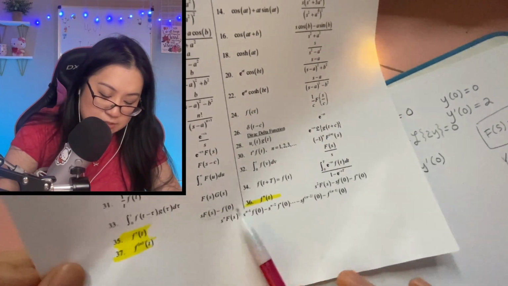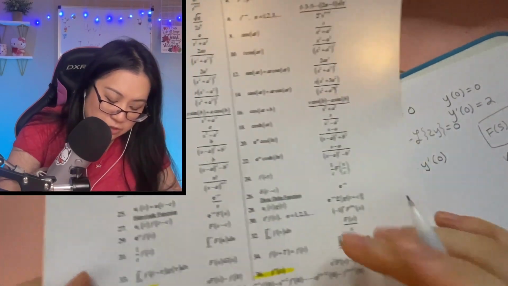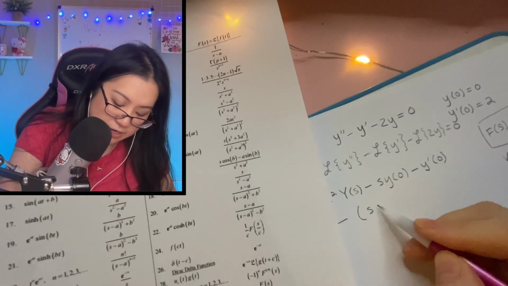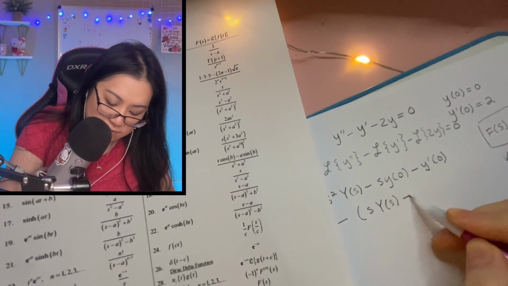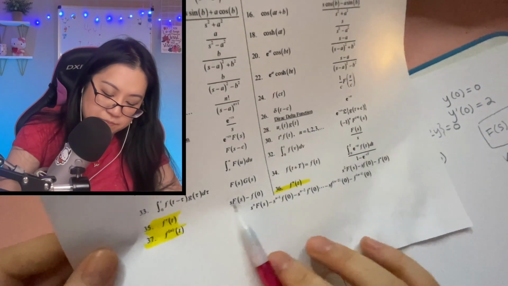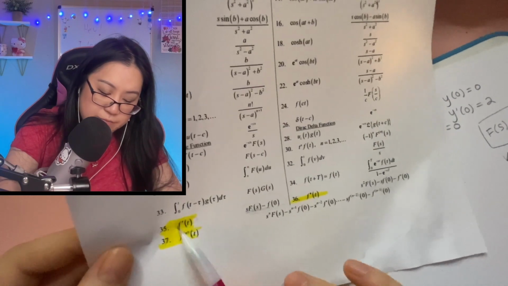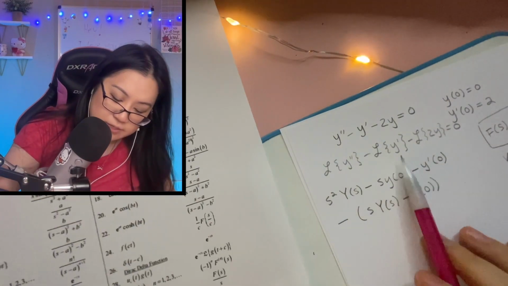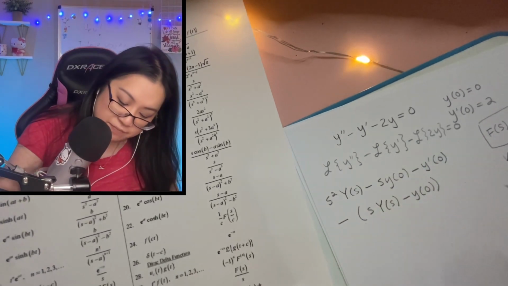So we're using this line here. So again, I'm going to use the y variable instead of f here, but it's the same idea. S F of s minus f of 0, and this is f prime of t. So in here I have y prime, and that implies y prime of t, right?